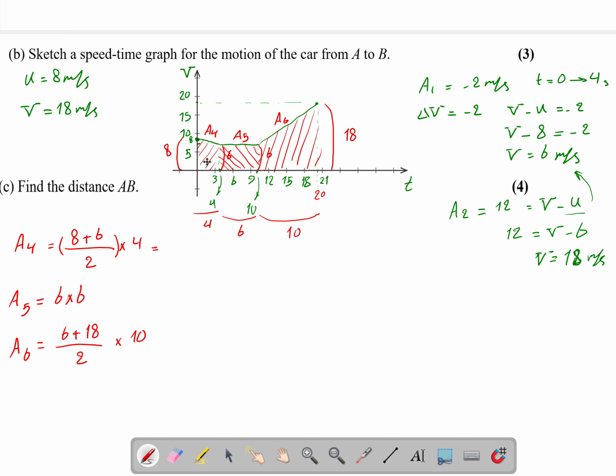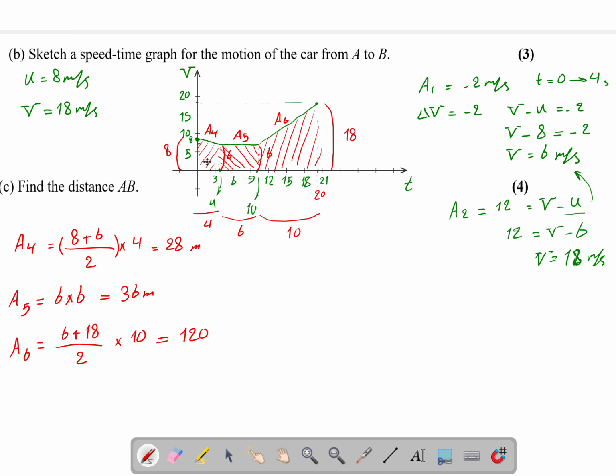So this area will be 2 multiply 14, it will be 28. Since velocity multiply time or speed multiply time, the unit will be meters. This one's 36 meters, and this one will be 5 multiply 6 plus 18, it will be 120.